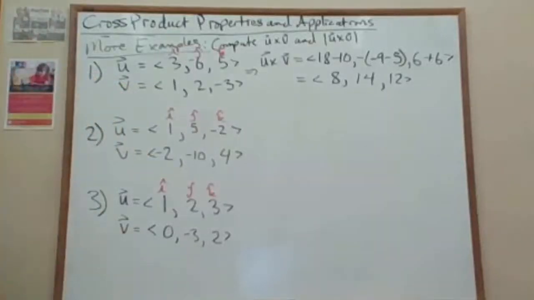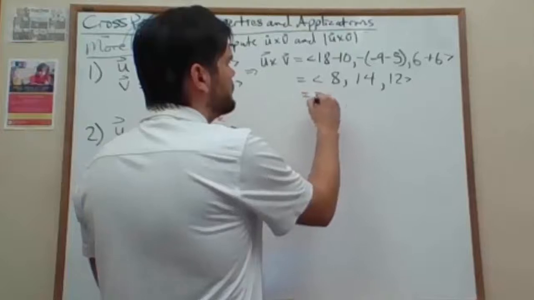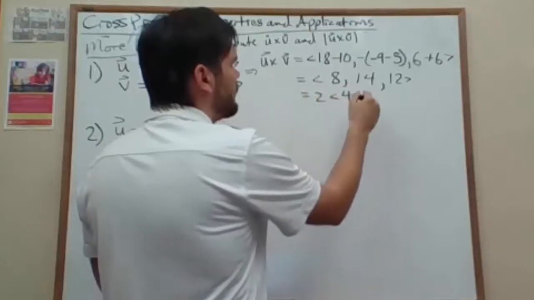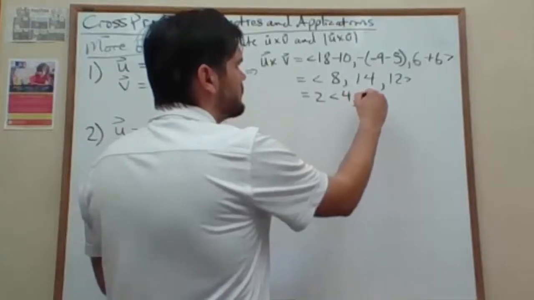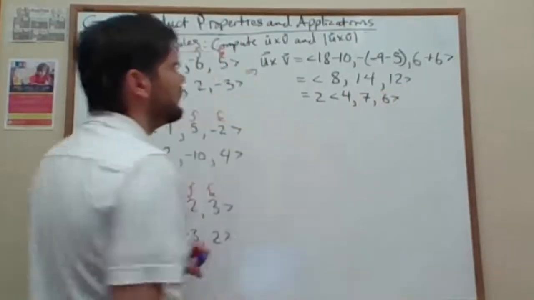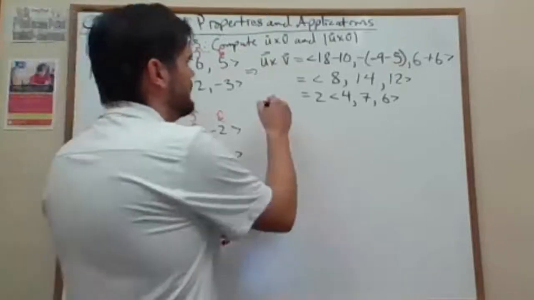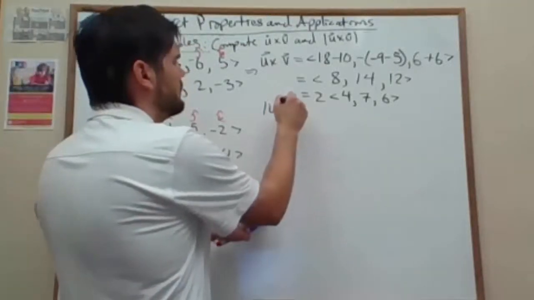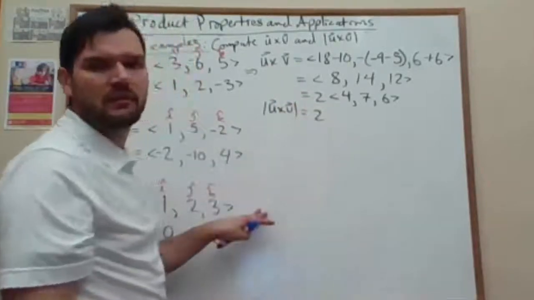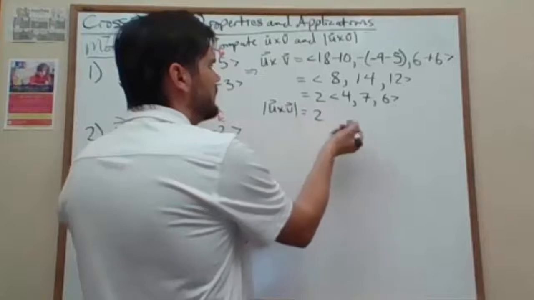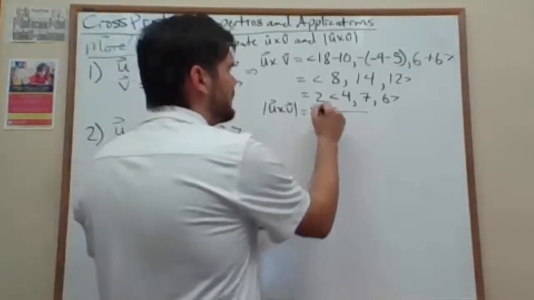And if it's helpful, let me factor out 2. That's helpful because when we compute the magnitude, we get that 2 out, absolute value of it, times the square root of the inner pieces.